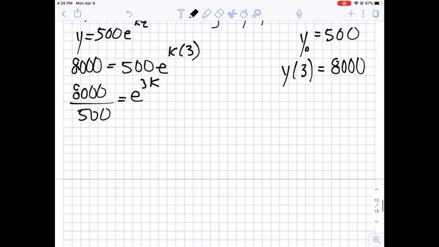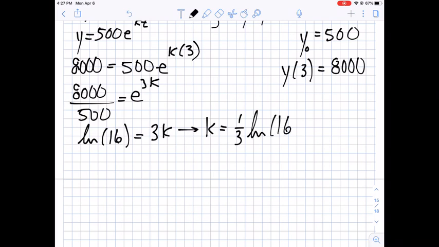So now we want to get k outside of this exponential. So we're going to apply the natural logarithm. We also get that this value right there is just going to be 16. So on the left-hand side, ln of 16 is equal to 3k. And so from here, k is just going to be 1/3 ln of 16.